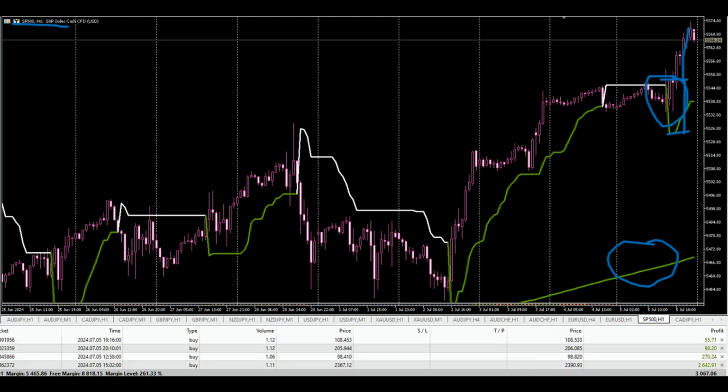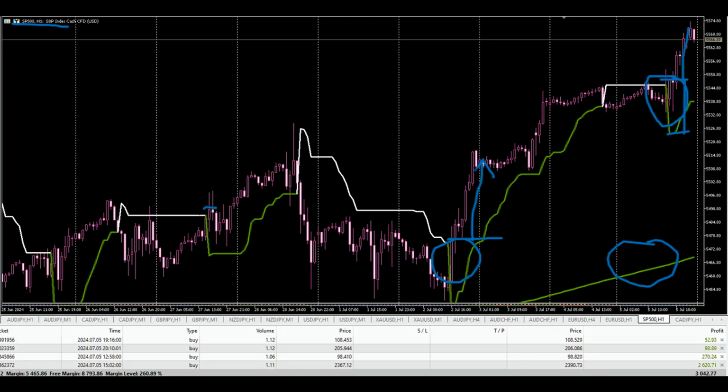So at this point, you have taken your profit in this trade. Here is another signal. At the moment this candle closes, we open our buy here. Then we place our stop loss below the SuperTrend. Our take profit is 1 to 1. So here we take our profit.